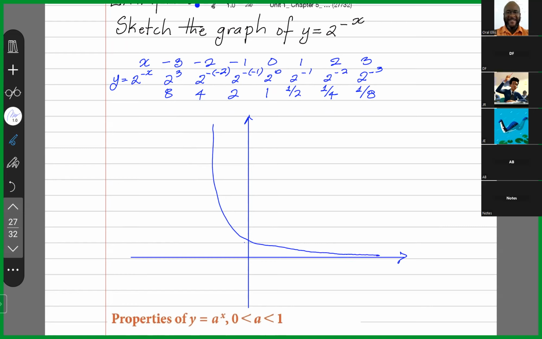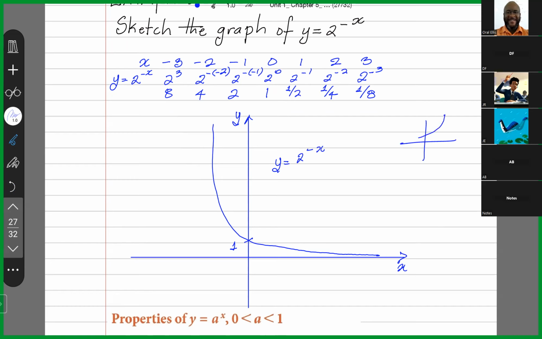Of course, here is 1. This is my y-axis, my x-axis, and this is the graph of y is equal to 2 to the minus x. So this now would be different from y is equal to 2 to the positive x.